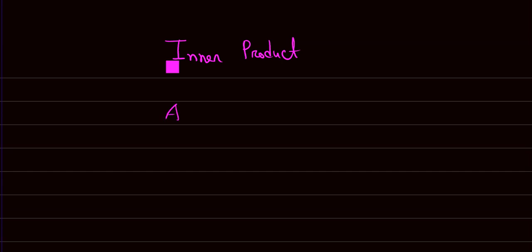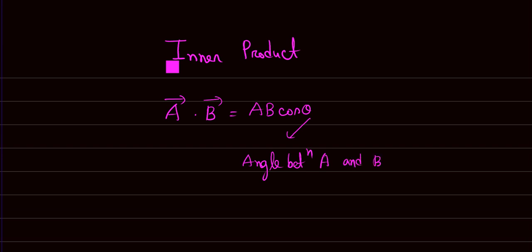If we have two vectors A and B, then the dot product is defined as AB cos theta, where A is the magnitude of the vector A and B is the magnitude or length of the vector B. Theta is the angle between A and B. In component form, this is given by ax bx plus ay by plus az bz.